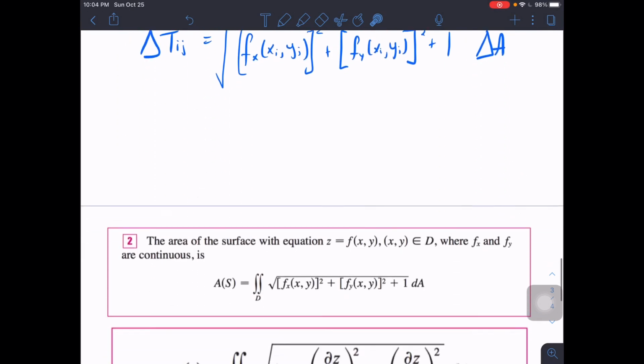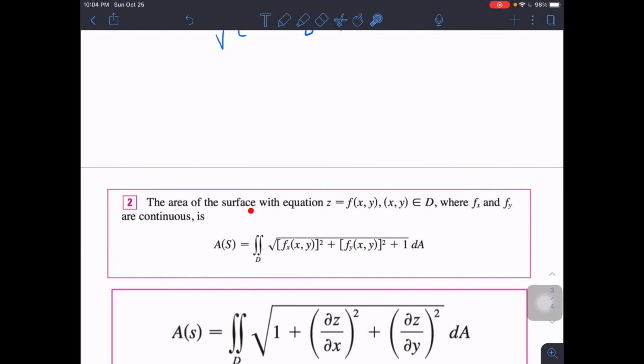And so we get that the area of the surface of an equation where z is a function of x and y lies within that particular region D, if f partial of x and f partial of y are continuous functions, the way we find the surface area of the surface of this function above the region D will be by integrating this expression.